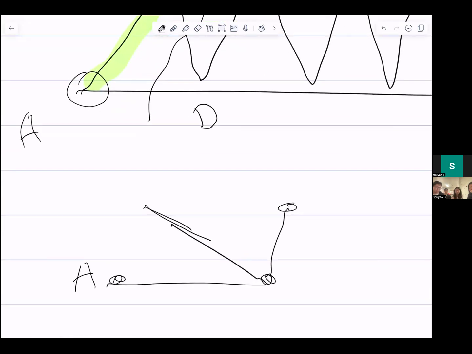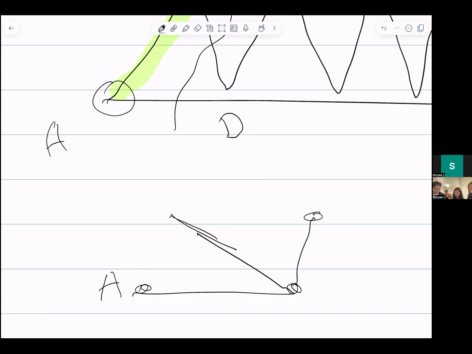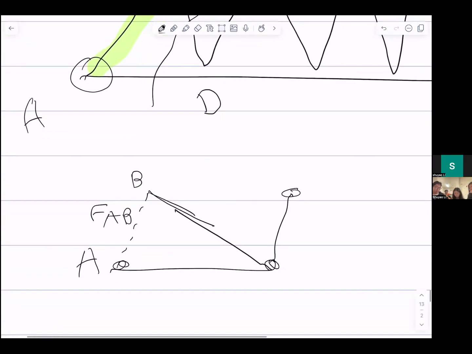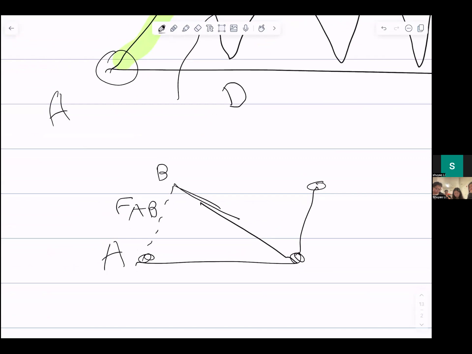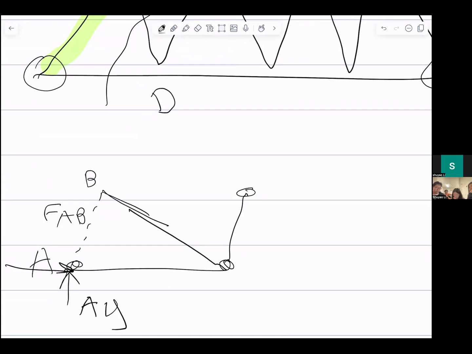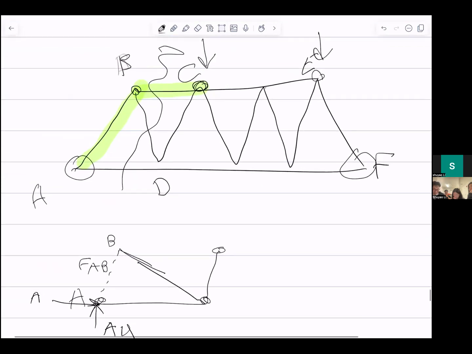Because we're assuming that AB would be a force member, it would be FAB to B, and then also A has reactions of AX and then AY. And then this one also is a force member because there is an applied load, so this is not a zero force member.